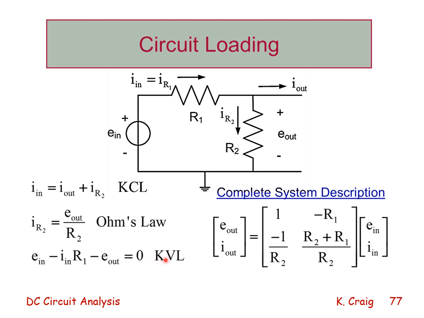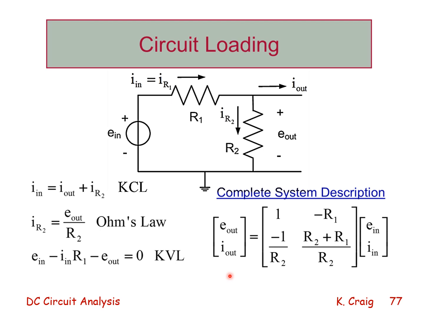And Kirchhoff's voltage law around the closed circuit says that E in minus I in, which is the same as I R1, times R1, which is the voltage drop across R1, minus E out, which is the voltage drop across R2, must equal zero. If I now take these equations and arrange them in what we call a matrix representation, which is just algebra and just a convenient way to represent these equations.